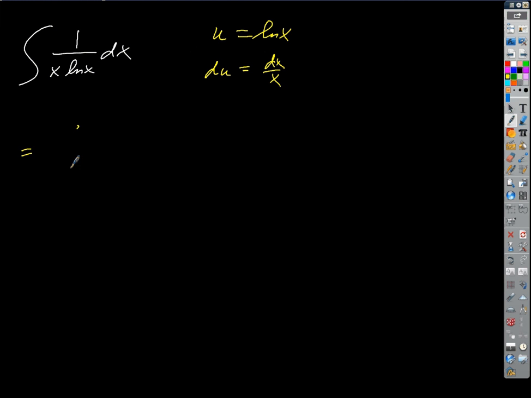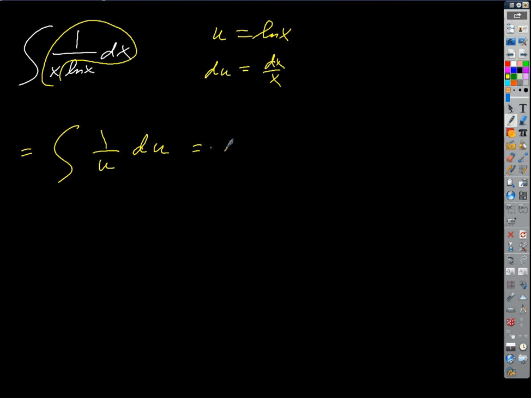So we end up with the integral of dx over x, which is what? Du. So I get 1 over u du, right? How about that?